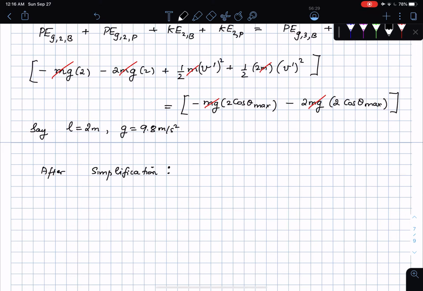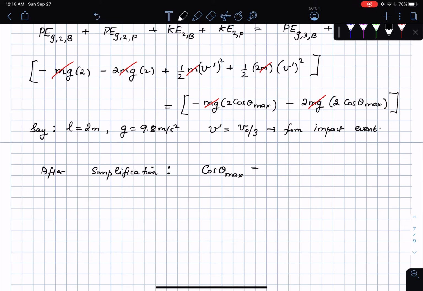after simplification, here is what I end up getting: cos theta max is equal to, and V prime is V naught divided by 3, which we know from the impact event.